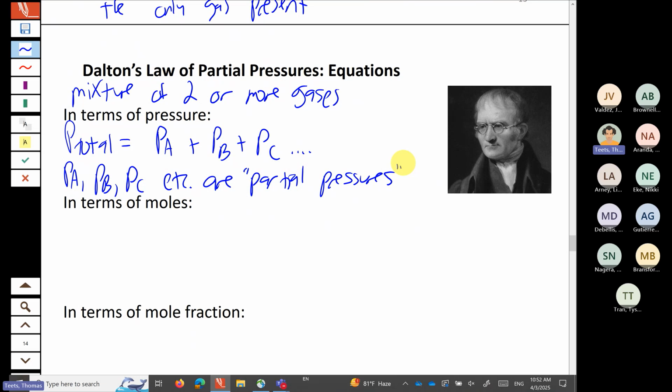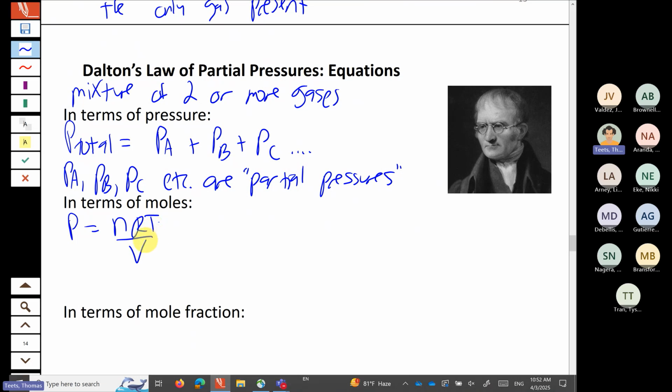Now, in terms of number of moles, we can, again, use PV equals nRT and note that the pressure of any gas is equal to nRT over V. So if we have a mixture of gases, they're going to be at the same temperature and the same volume. They're all interdispersed together.